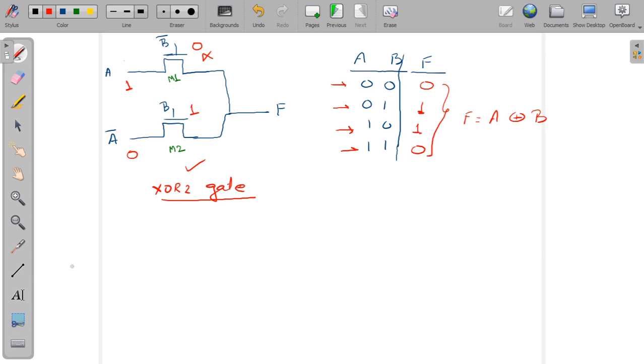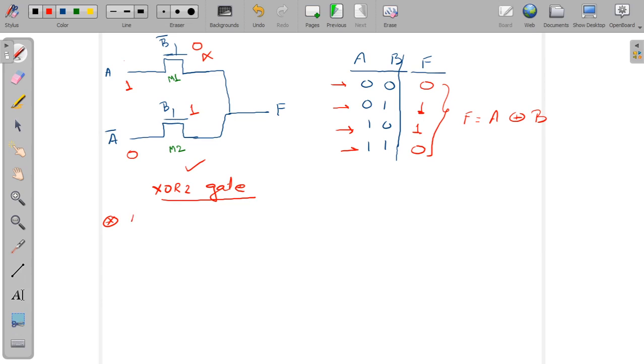So this way we can use pass transistors to construct various circuits. And these are pretty simple to construct. One immediate advantage is that this will use a lower number of transistors as compared to CMOS logic style. So some points regarding this.